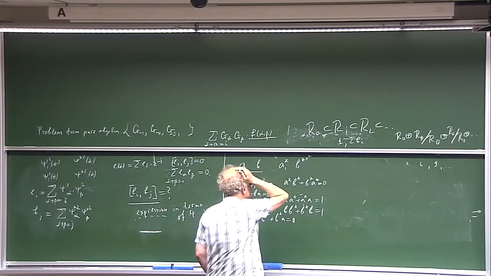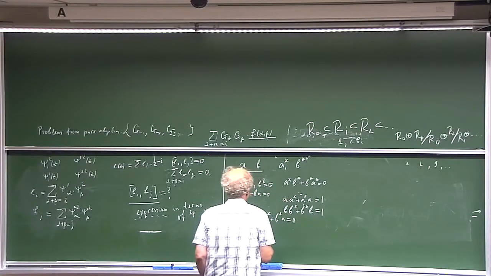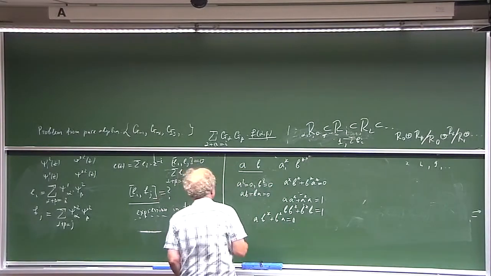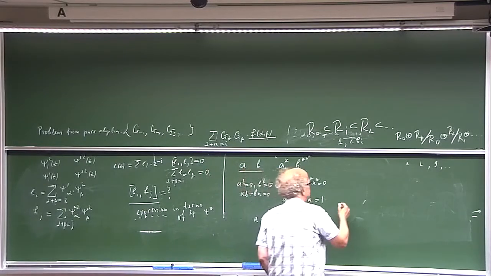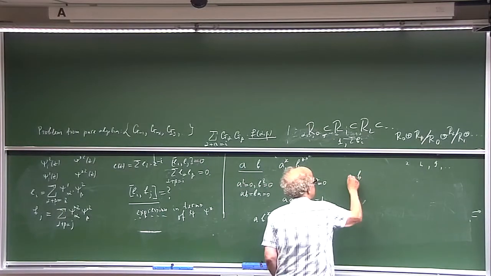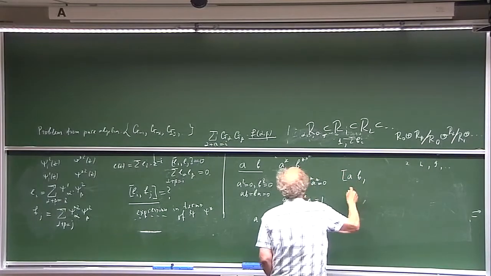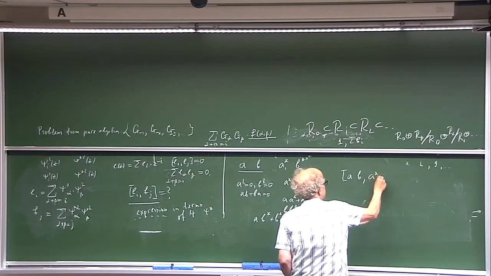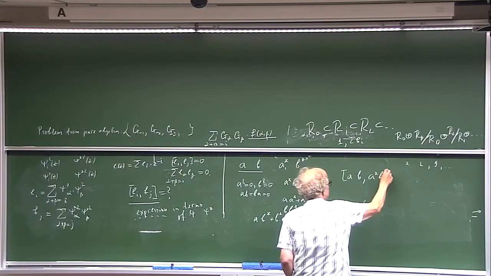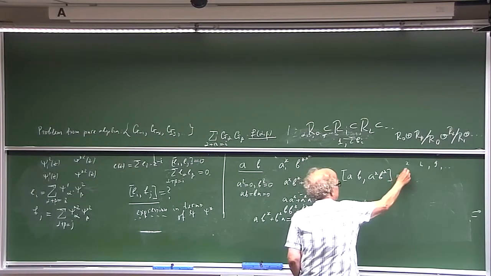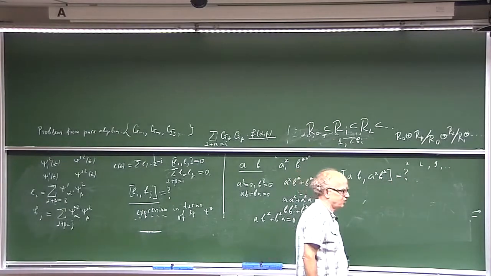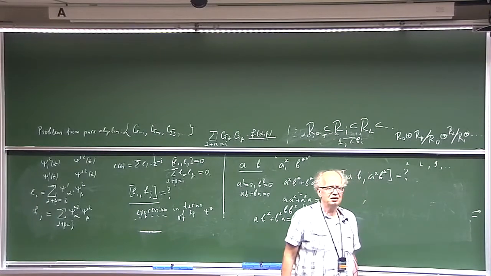Then this AB is actually some piece of this. And what I want to do is take AB and take this bracket, just the usual bracket, this with this. And it is equal to what? How to calculate it?